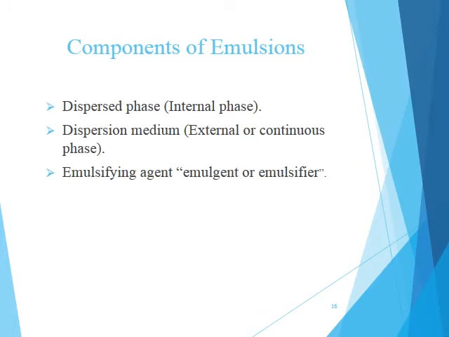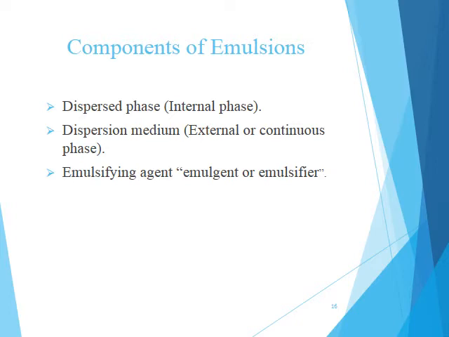Now let's move to the components of emulsion. You probably asked this question: what are the components of an emulsion, or what is the composition of an emulsion? To answer your question, emulsions are generally composed of three important components.